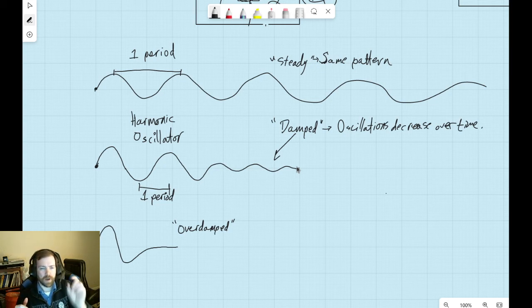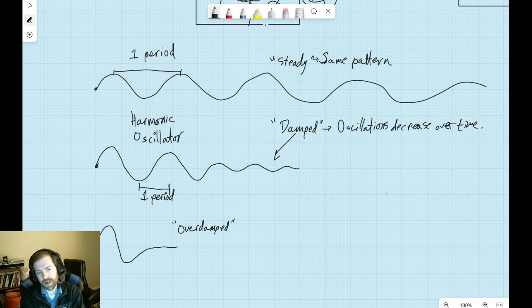Right? Now imagine, instead of dropping it and it goes out to its maximum and then comes back up and goes back down, instead of doing that in air, imagine what would happen if you dropped it in honey. Or if the whole thing was in honey in the first place, right?